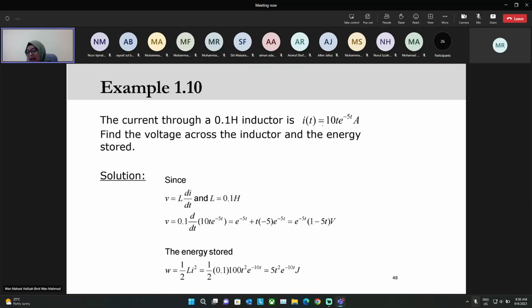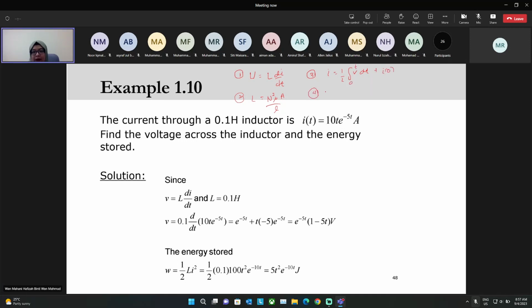Okay, so the application of the equations we have learned. So far we have the first equation, V equals L di/dt, and the second equation, L equals n squared mu A divided by l. The third equation, I equals 1 over L integration of V dt plus I0 if you start from 0 to t.